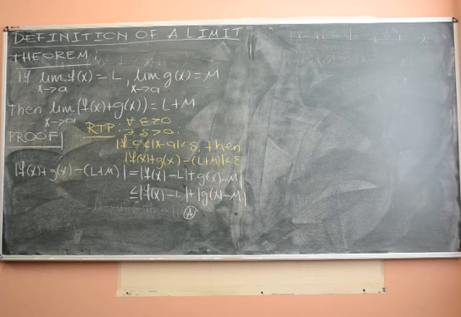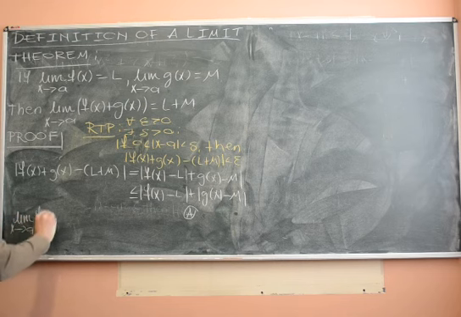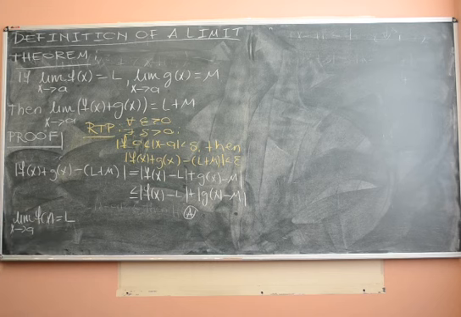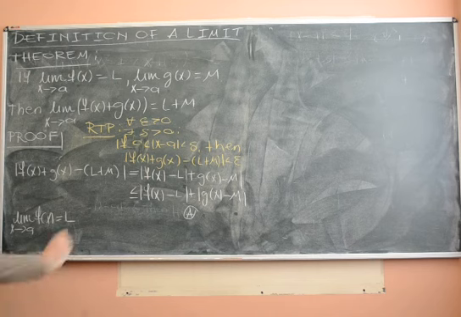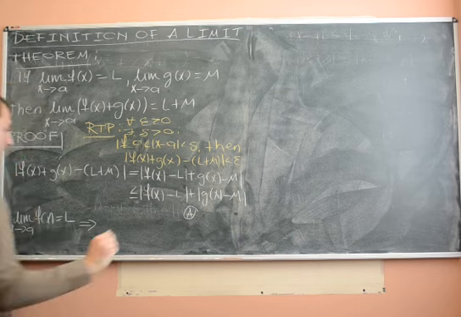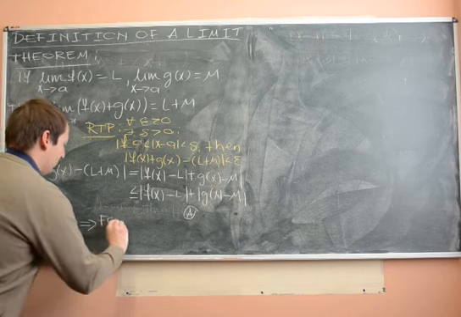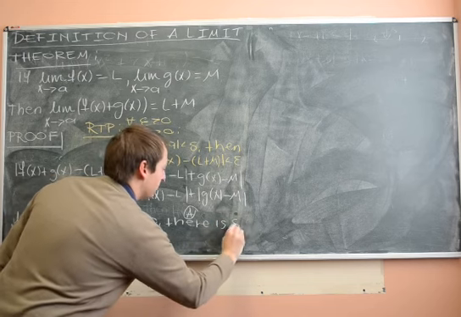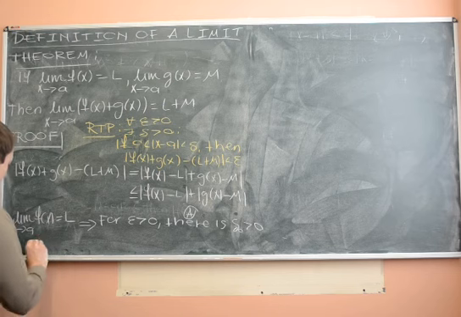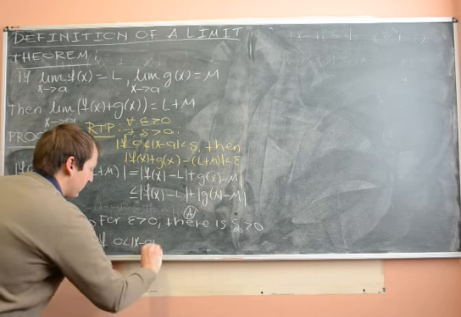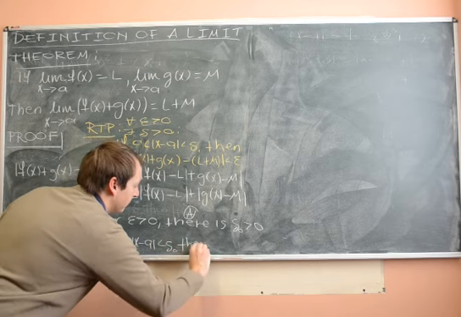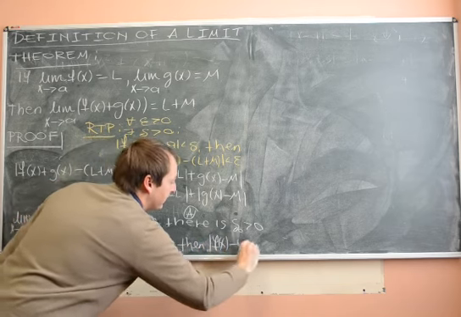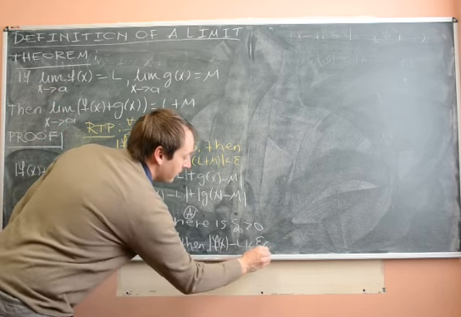So now let's see, what else do we know? Well, we know that the limit as x tends to a of f of x is L. That means that for any epsilon bigger than 0, there is, say, delta 0 bigger than 0, so that the following holds: if the absolute value of x minus a is between 0 and delta 0, then the absolute value of f of x minus L is less than epsilon over 2.